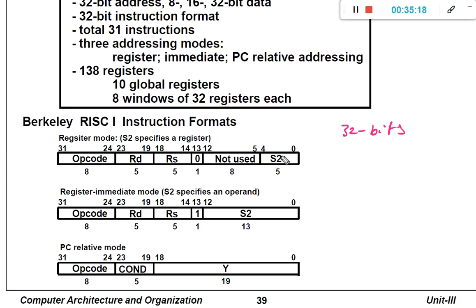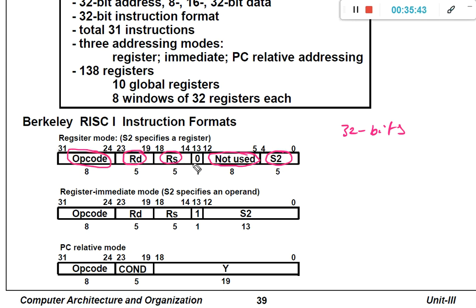S2 specifies a particular register. Bits 5 to 12 are not used in the register mode. RS represents the source register, RD represents the destination register, and opcode represents the operation code.